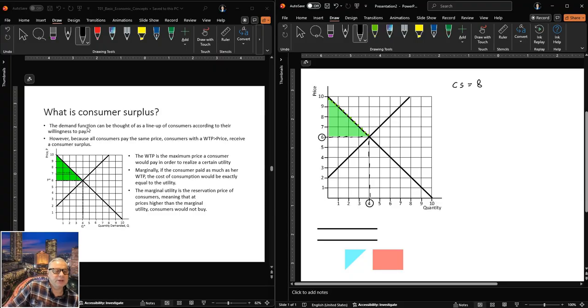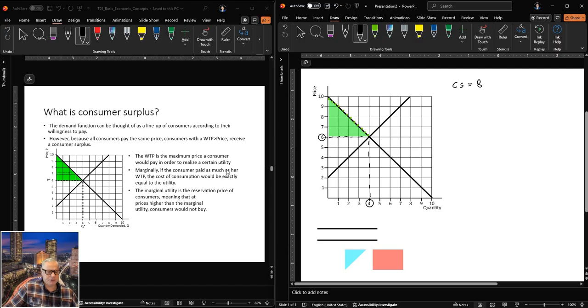Okay, so this is consumer surplus. And again, what we did is we said the demand function can be thought of as a lineup of consumers according to their willingness to pay. And because all consumers pay the same price, some consumers whose willingness to pay is greater than the actual price receive consumer surplus. And again, the willingness to pay is the maximum price a consumer would pay in order to realize a certain utility.